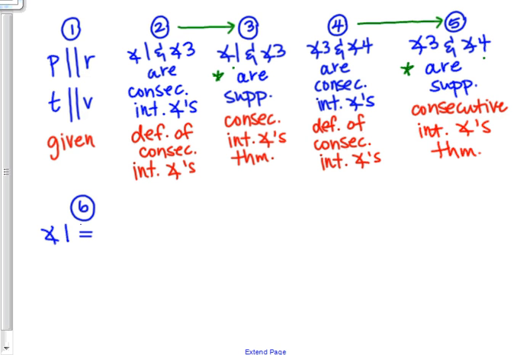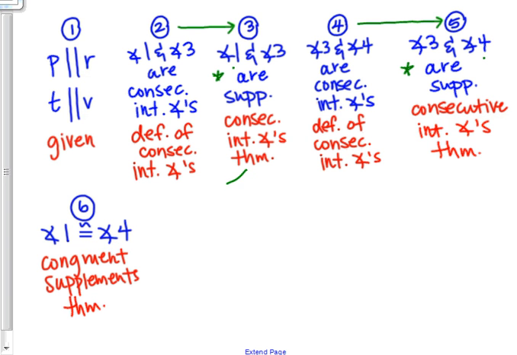So angle 1 is congruent to angle 4. And that reason there is called the congruent supplements theorem, if you can recall from Unit 2. And I grabbed that from my step 3 and my step 5. And I'm done.